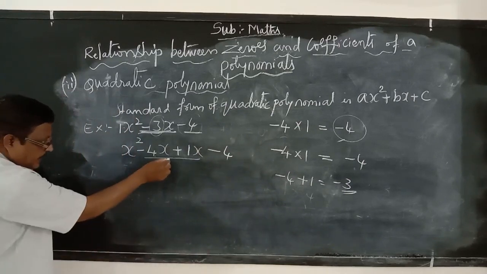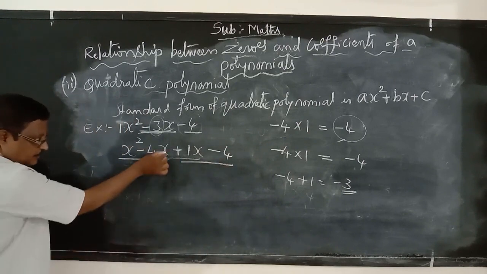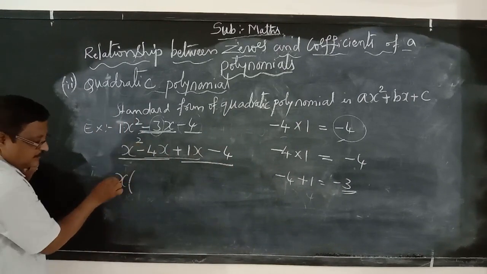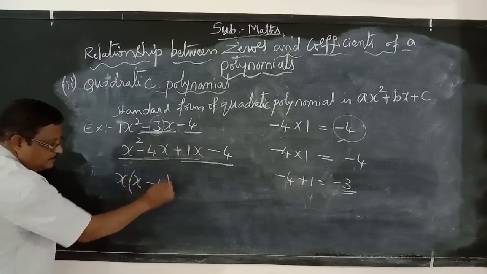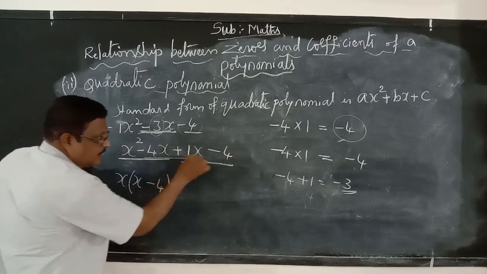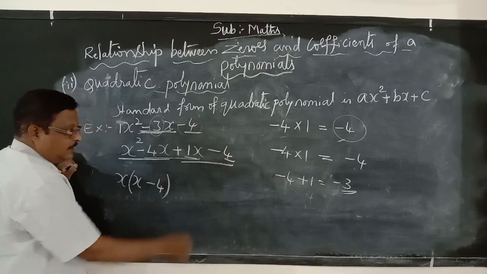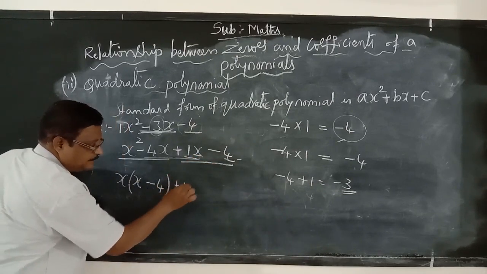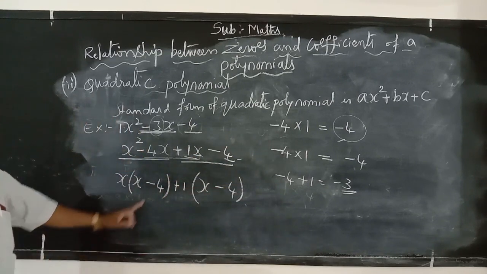Next, here the first two terms are one pair, the second two terms are one pair. Out of these two pairs, x is common. Here x is removed as common, so x remains inside, here minus 4. Next here, what is the common? See here 1 is there, here 4 is there, here x is there, x is not there, means plus 1 is common, x minus 4, plus 1 is common.